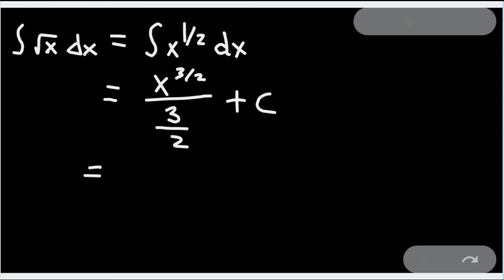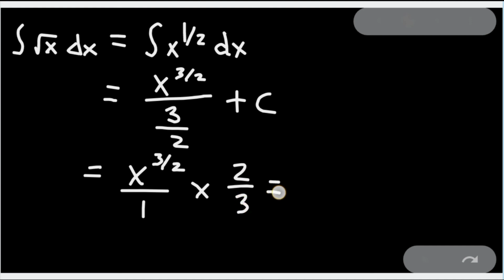So what we need to do is just simply copy x raised to 3/2 over 1 times the reciprocal of 3/2, which is 2/3. Then it is equal now to 2x raised to 3/2 over 3 plus c.